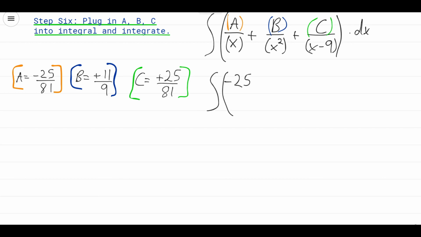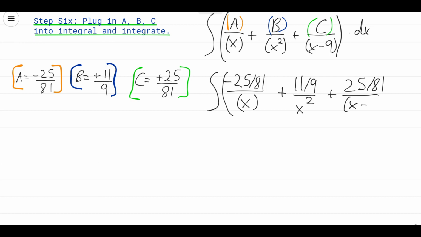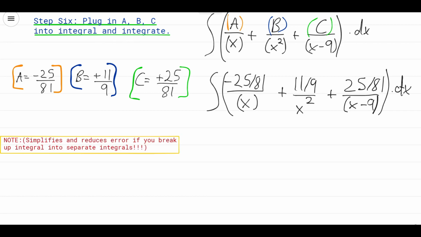So negative 25 over 81 divided by x plus 11 over 9 divided by x squared plus 25 over 81 divided by x minus 9, our c, with respect to x. It simplifies and reduces error if you break this up into separate integrals, so that's what I'm going to go ahead and do.